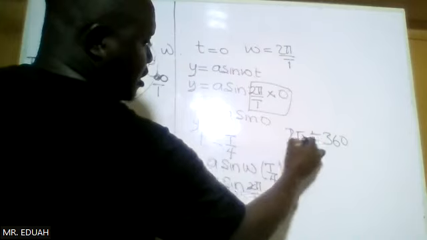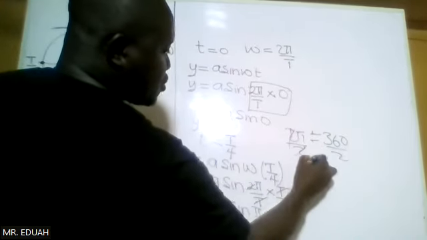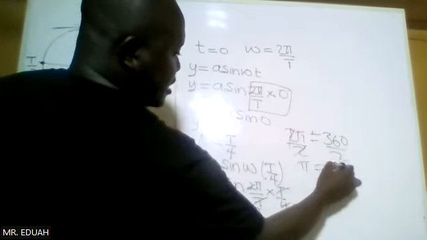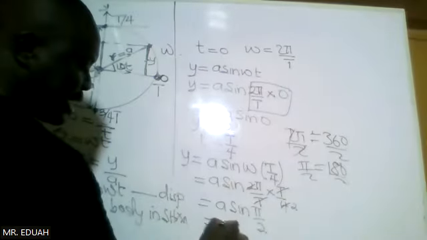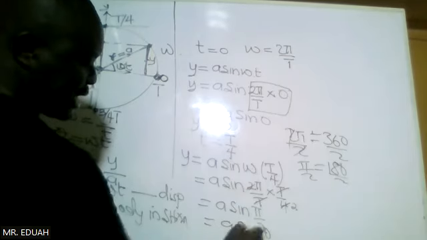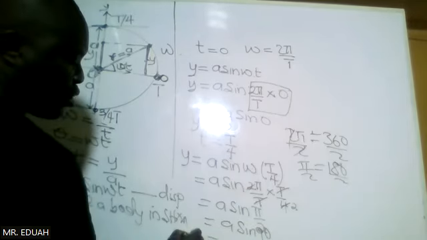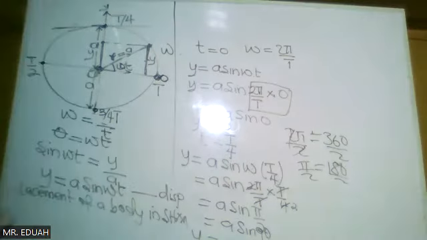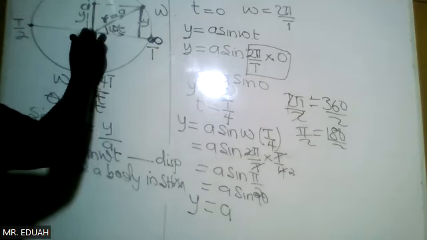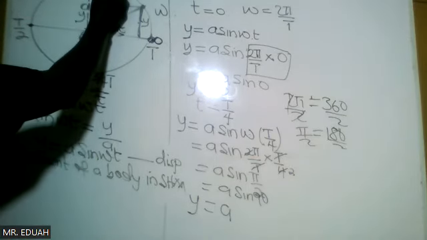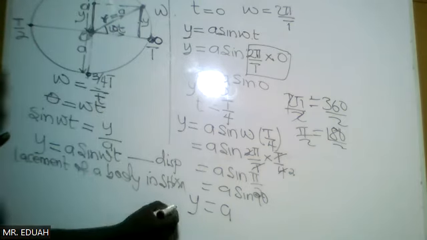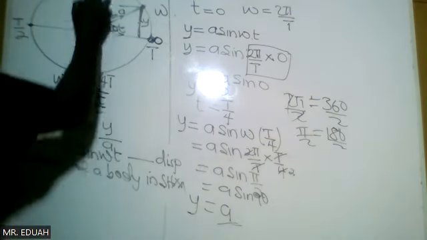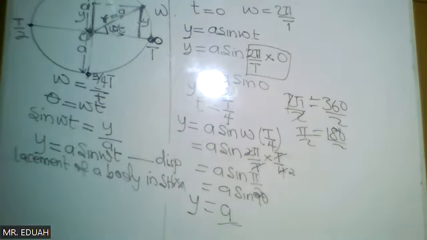So pi is equal to 180. Therefore, pi over 2 is 90. So this is a sine 90, and sine 90 is equal to 1. So y is equal to A. Telling you that if the body moves to this point, time is period over 4, and the displacement is equal to the amplitude. Yes, y is equal to amplitude over here.